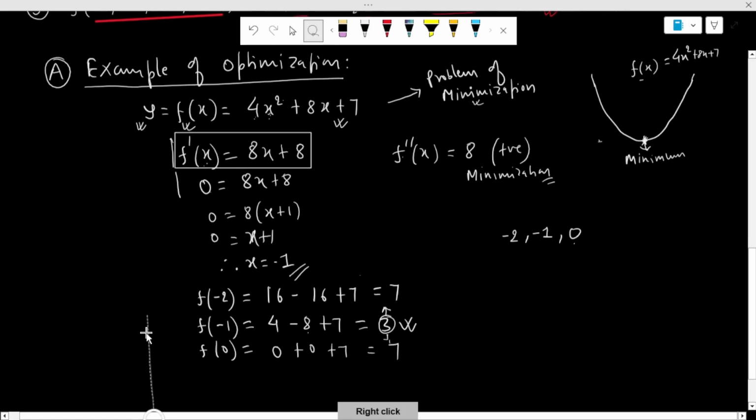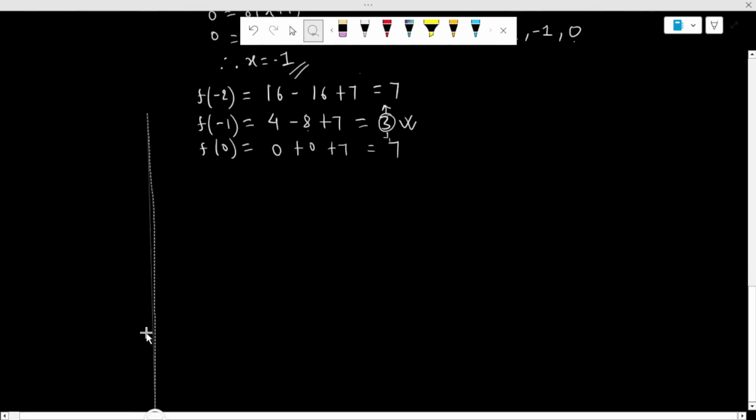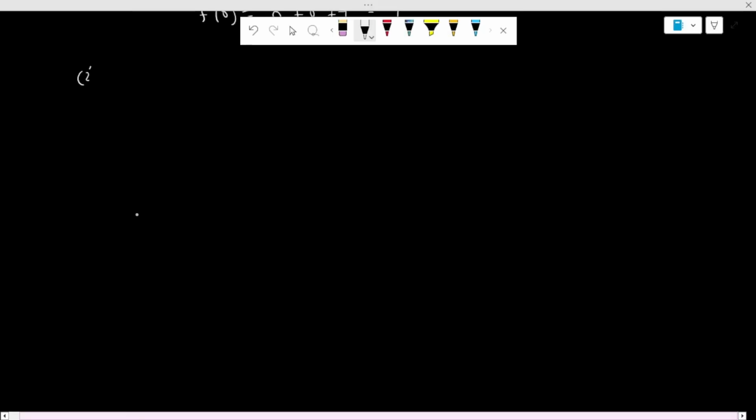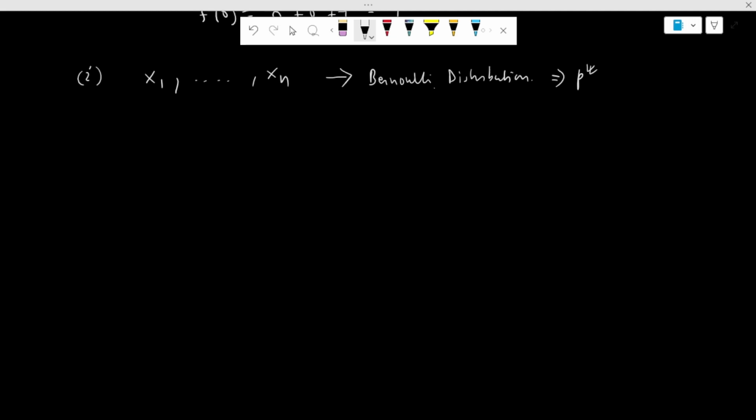Now let us see 2 examples of a maximum likelihood estimator. In our first example, we take a sample from x1 all the way to xn, and they are independent random variables, and we assume that these data points follow a Bernoulli distribution. Now we need to estimate the probability of success. Bernoulli random variables are discrete random variables.